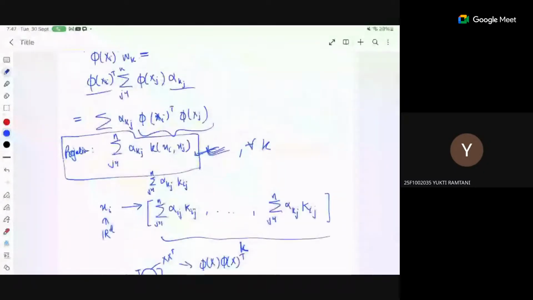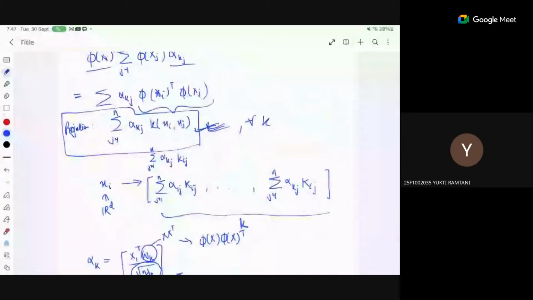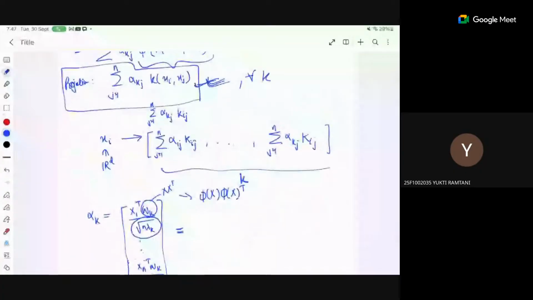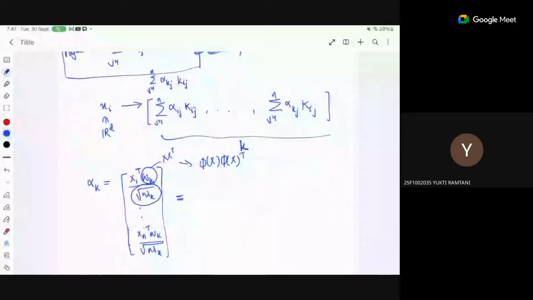No. What is the question? We were discussing this, no? Basically, when we have eigenvalues, then we take the eigenvectors first, and the eigenvectors are divided by root of lambda k.